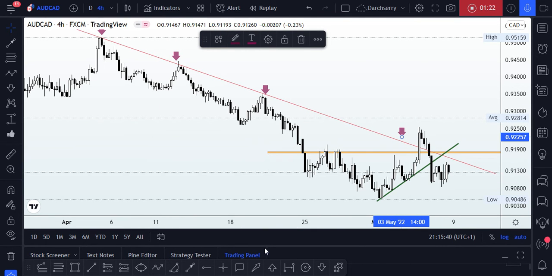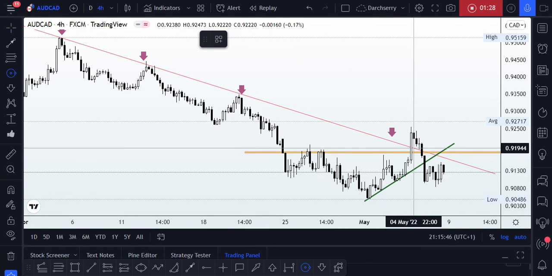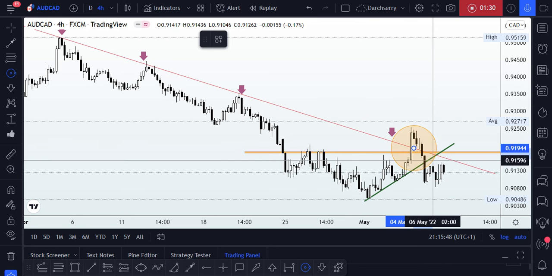Not until we got to this area, and we never can tell if this is a false breakout or not.